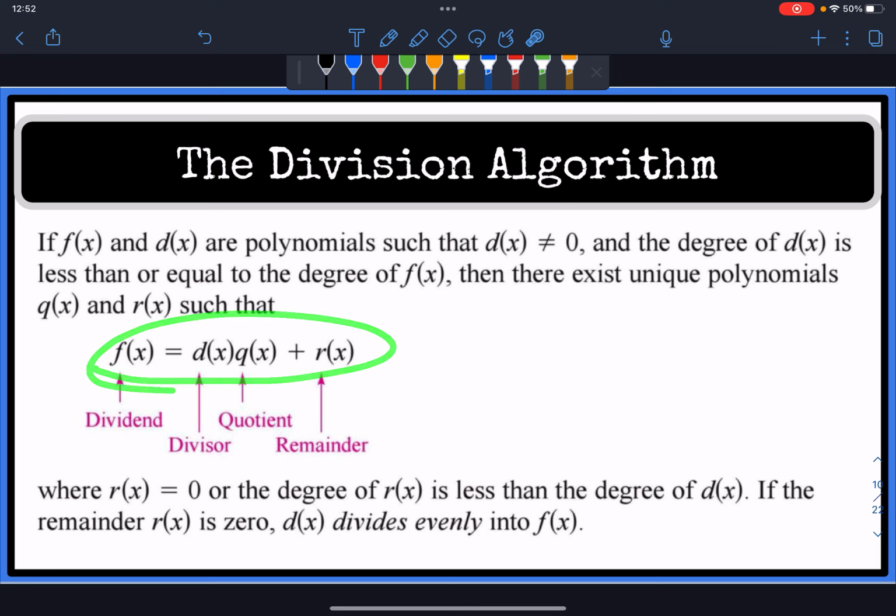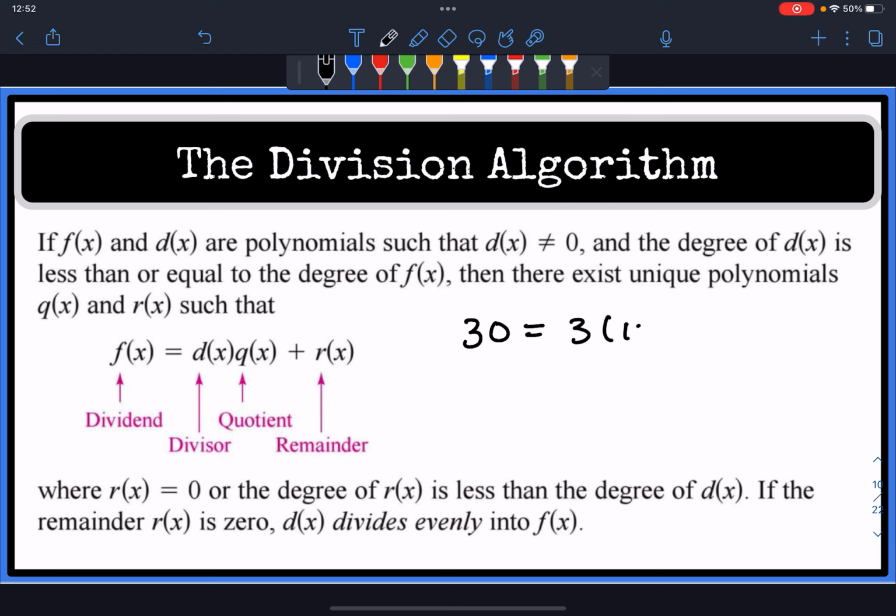Now, what this is essentially telling us is that any polynomial can be written as the product of a divisor and a quotient plus a remainder. And this makes more sense again if we're looking at numbers. For example, the number 30. The number 30 can be written as 3 times 10 plus a remainder of 0.